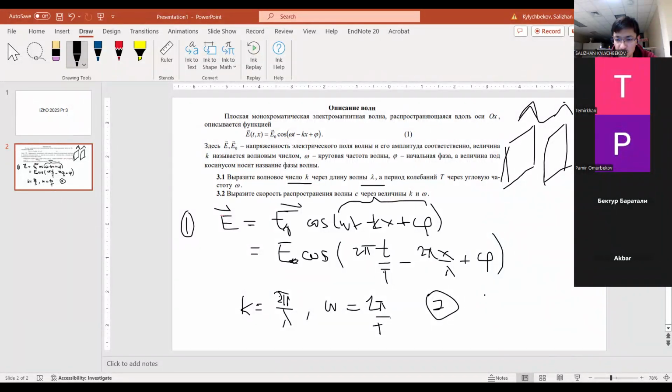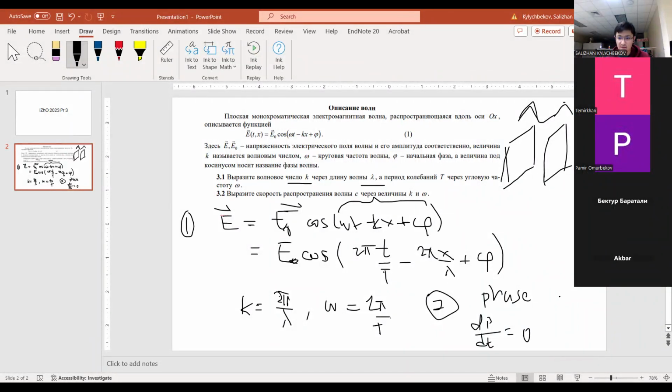But if we take the phase, d phase dt, since we are looking for a constant phase, it should be 0.